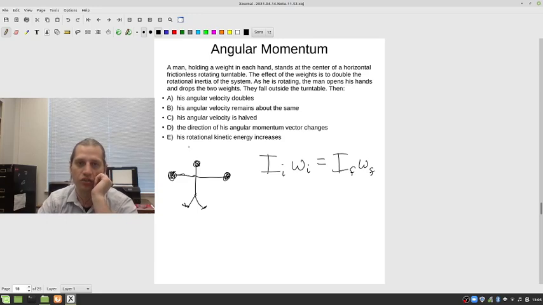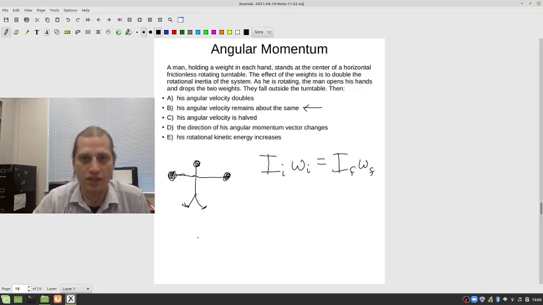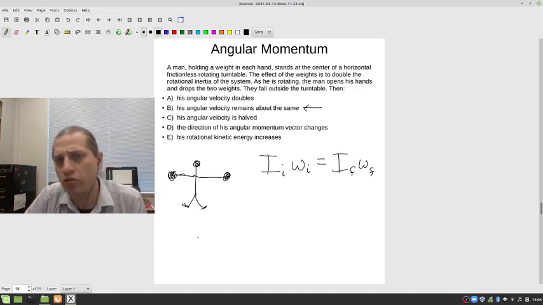Okay, now you might think, oh, geez, it seems like my rotational inertia dropped to 1/2. That's true, but in this particular case, his angular velocity just remains the same because the weights would continue to move this way and that way, and he would continue to go at the same rate. So this is a little bit of a trick question.